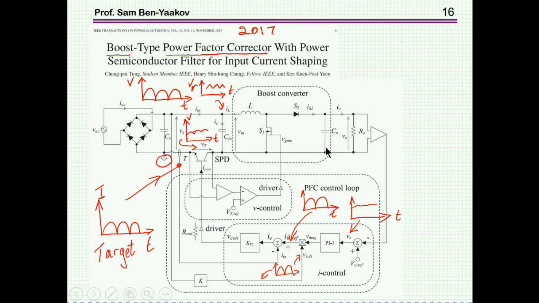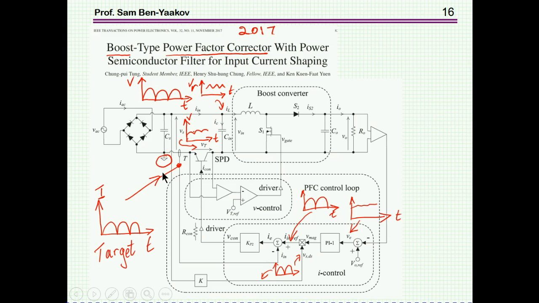However, there's another loop here, a feedback loop, starting here with sensing the output voltage and comparing it to a reference. You would like to keep the output voltage at a certain level. It generates an error signal. Now, you multiply this error signal, which is basically DC, maybe has some ripple, but it's a DC signal, with the waveform that you find here.